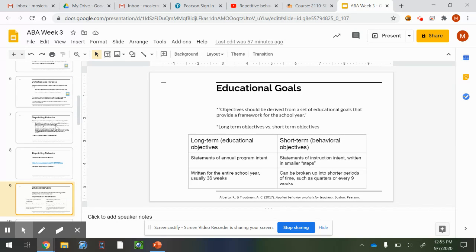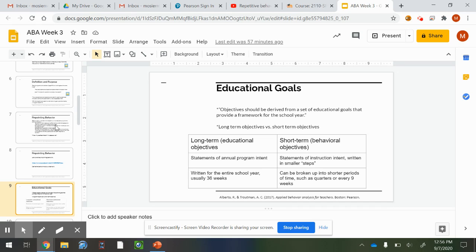We're going to jump to talking about educational goals. Objectives should be derived from a set of educational goals that provide a framework for the school year. So this is kind of the basis for your IEP. We're going to talk about long-term objectives versus short-term objectives. And different states have different requirements.